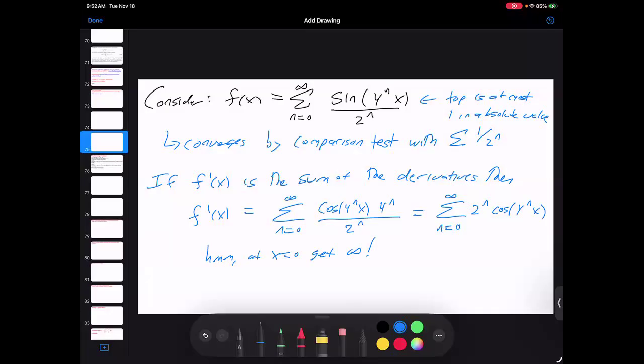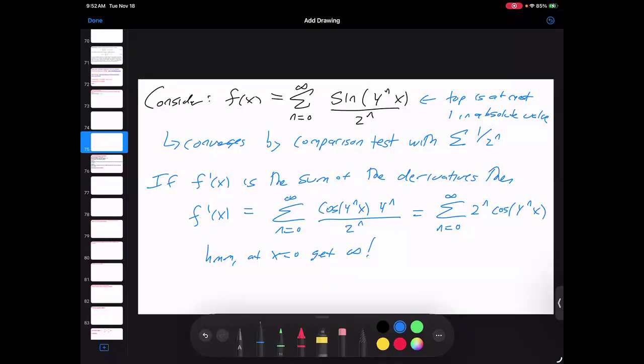So each summand is differentiable. Each individual piece is differentiable. When I sum them together, I get a function. Either the function is not differentiable, or if it's differentiable, its derivative is not the sum of the derivatives.